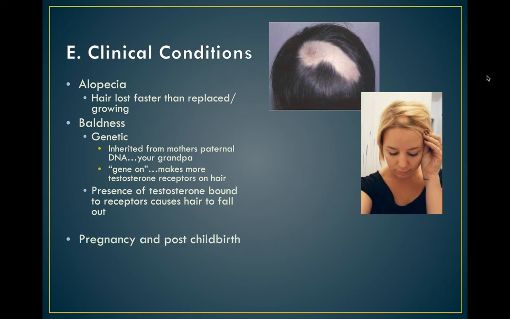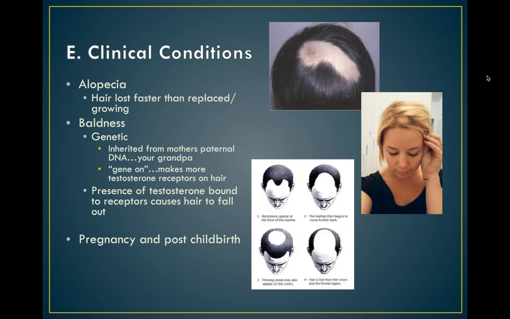Now, you can also lose hair because of hormones. One of the biggest examples of this is during pregnancy. During pregnancy, the mother's body really goes into conservation mode. Her body will save everything, which means hair as well. So the hair will remain in the active growing state, and it won't shed and be released.